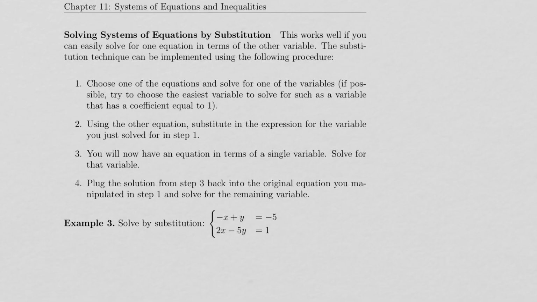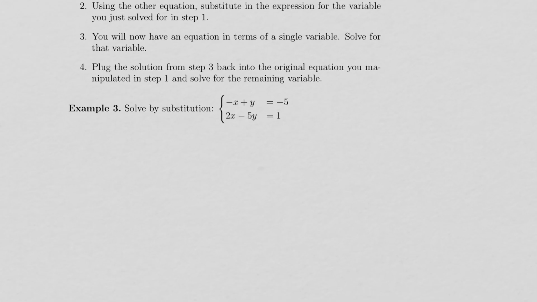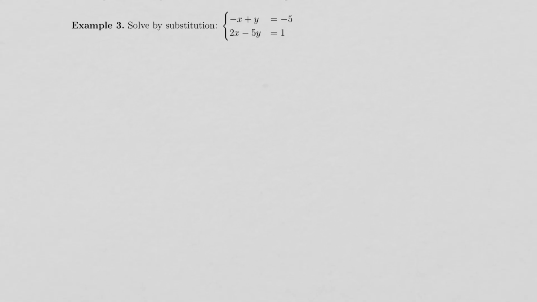Okay, so again, there's a lot there. Let's do an example to explain how this works. So I have my system, and if you look at that, it looks like it's pretty easy to solve for the y in the first equation. So this is the first step, solve one of the equations for one of the variables.